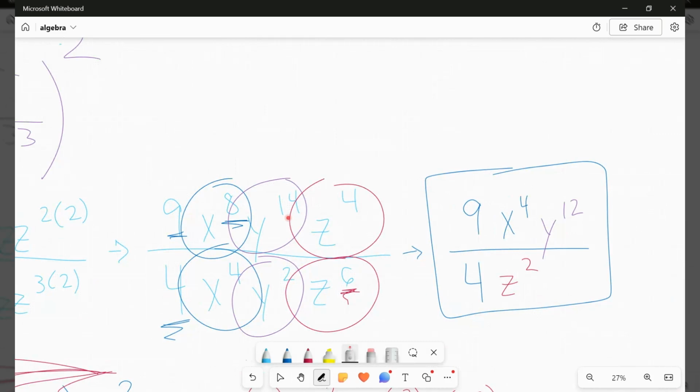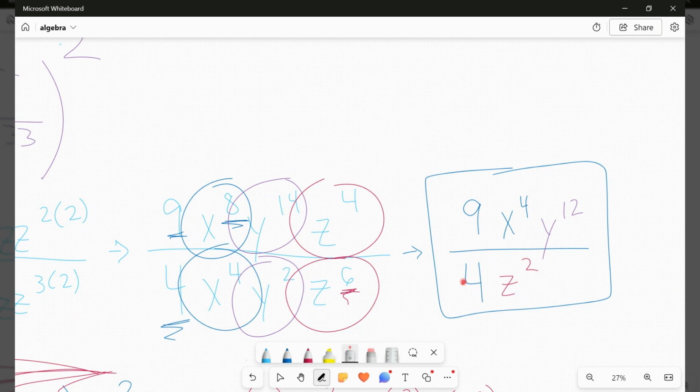Y to the 14th minus y squared should give us y to the 12th. And then z to the 4th minus z to the 6th should give us z to the negative 2. Now remember the rule with z to the negative 2, we keep it on the side to make it positive, the side with the higher exponent, which in this case was 6. So z to the positive 2 will stay on the bottom, as you can see here.